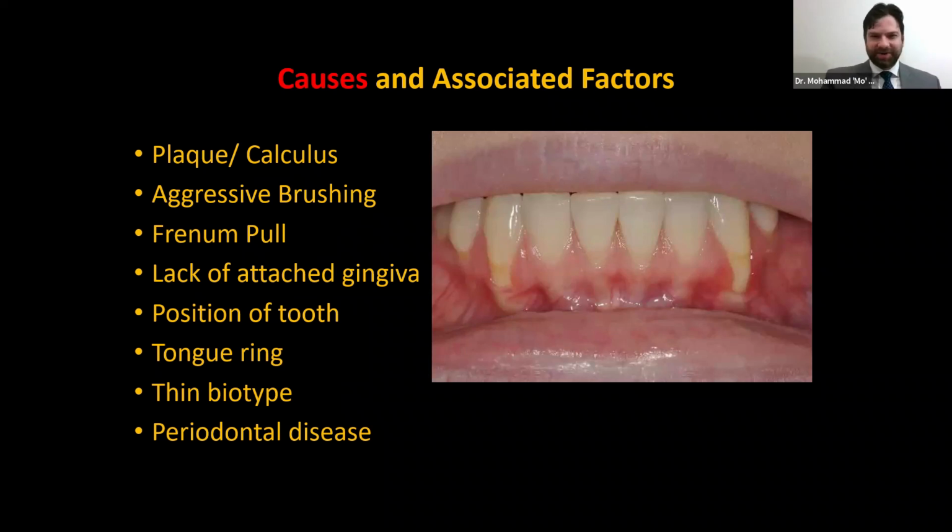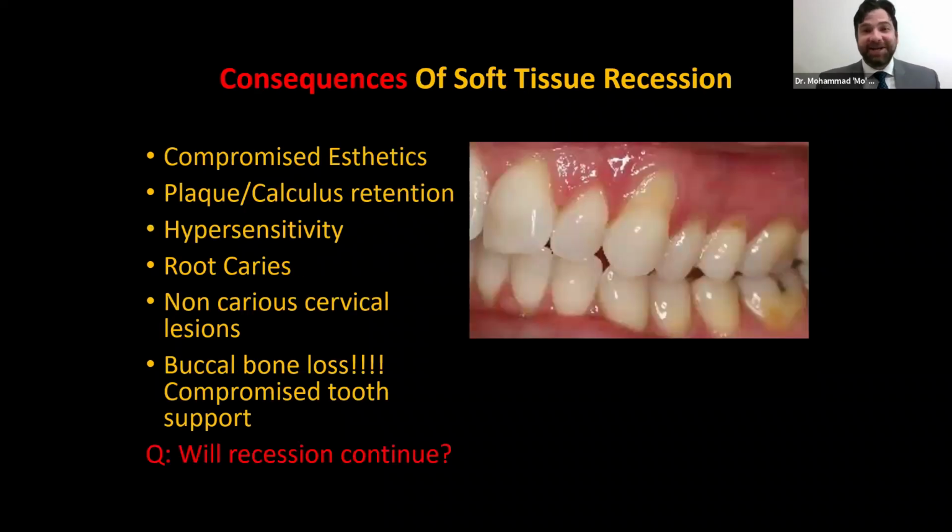Now that we've talked about the causes, what about the consequences? Turns out it leads to compromised aesthetics. Plaque and calculus retention tends to be more. Sensitivity can be an issue. And then you can have root caries associated with non-carious cervical lesions. But importantly, which even dentists miss, when you see recession, think about it this way.